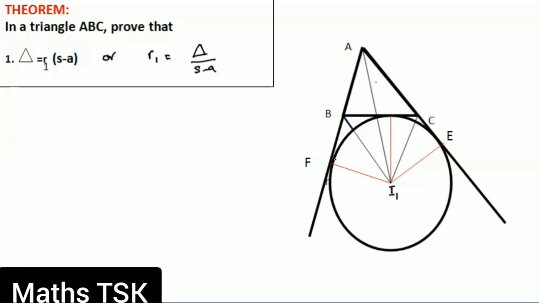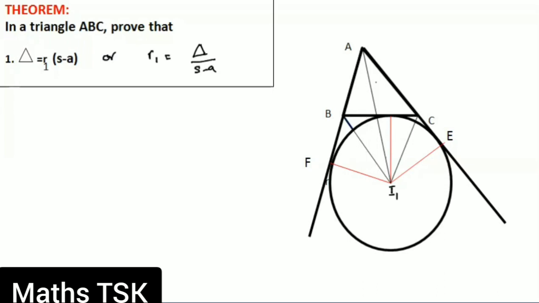If you take the triangle ABI1, that is one triangle, and ACI1 is another triangle. If you take all this and eliminate BCI1, you will get triangle ABC.